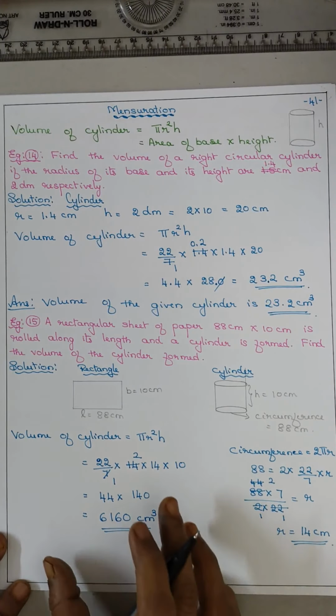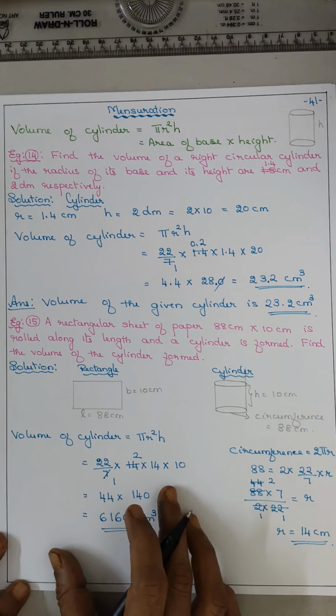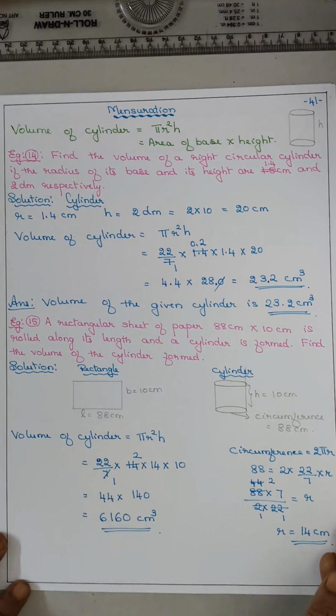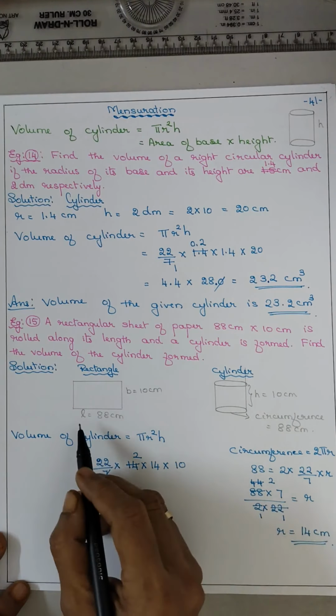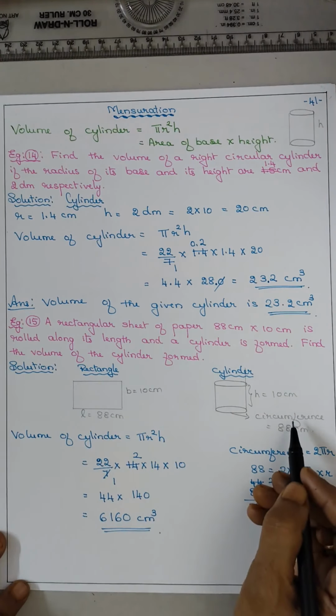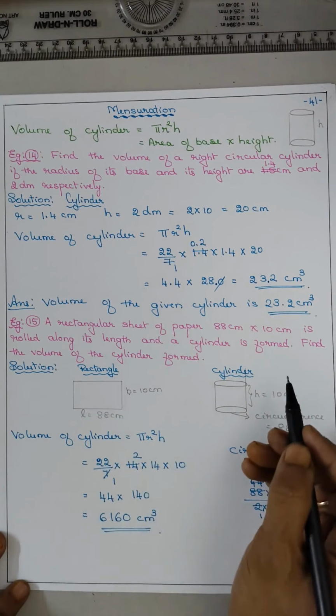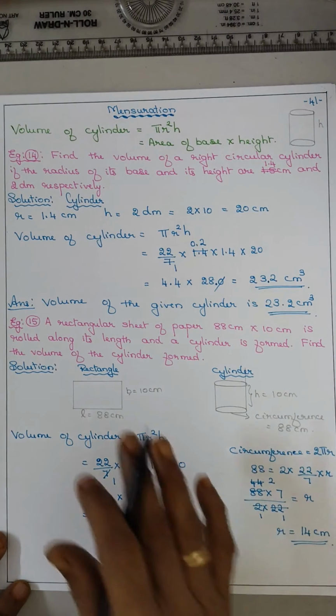So to find out the volume of cylinder, first you want to find out the radius. What is the formula? Circumference of the circle is 2 pi r. Why? Because in the rectangle, the length becomes the circumference and breadth becomes the height. This you have to remember.